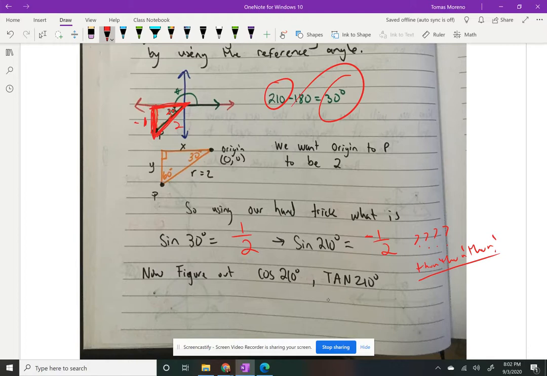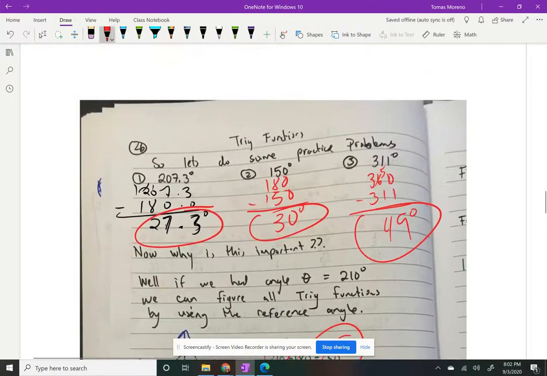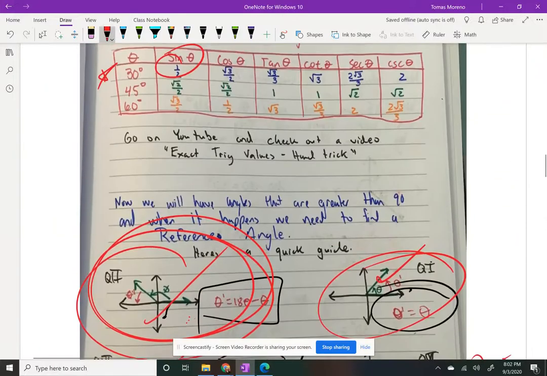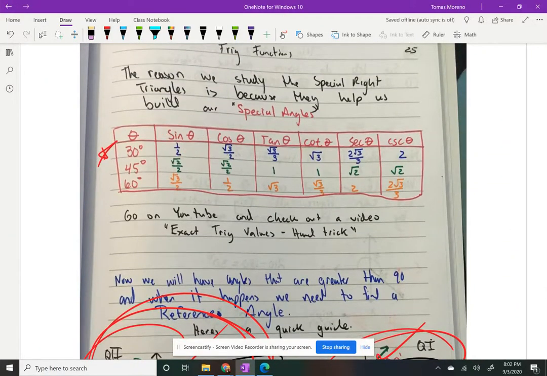We've got to remember that sine of 210 is in quadrant 3. Now check this out. We could have used our chart, right? We got the 1/2 for sine of 30. It's the reference angle for sine of 210.